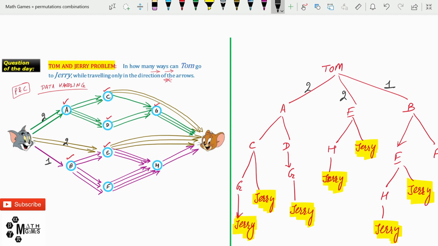Now, whatever we have written here, we are just going to replicate it at this place. I hope you can understand what I am doing right now.